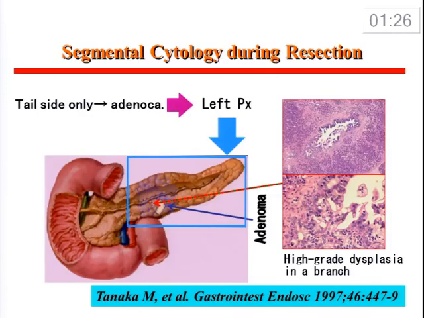The origin of the positive cytology was confirmed again by segmental cytology during surgery after cutting the neck portion of the pancreas, and complete histological examinations revealed the carcinoma in situ in a branch close to the small benign branch duct IPMN.